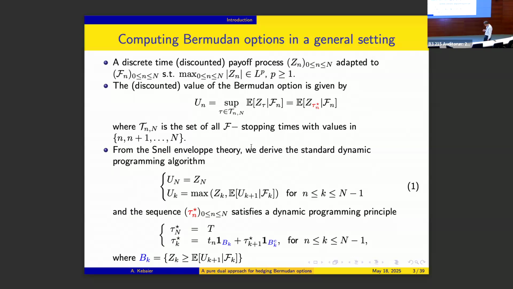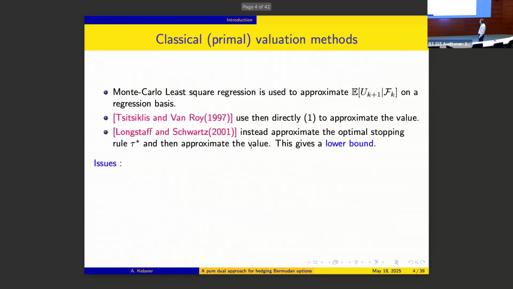Let me give you a brief review of the literature on this. Of course, the challenge in computing American and Bermudan options comes from the maximum, the nonlinearity, but also from the computation of the conditional expectation, which, if you want to use Monte Carlo, is generally done with linear regression.